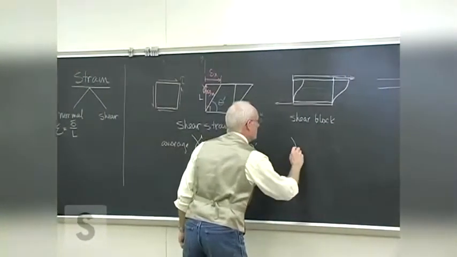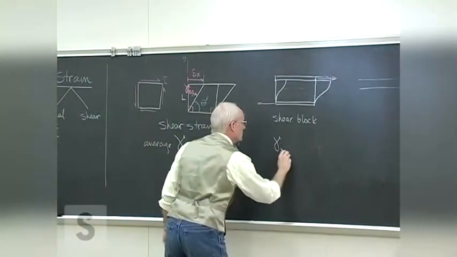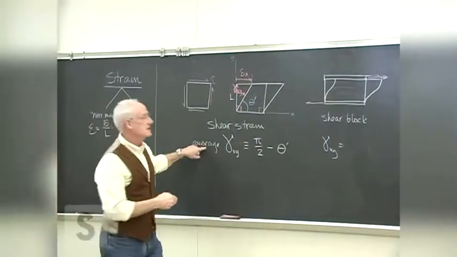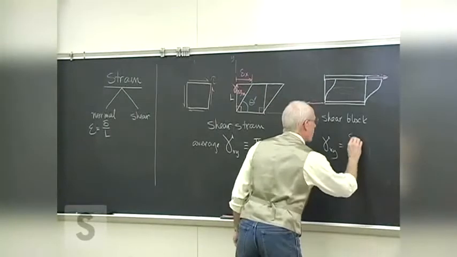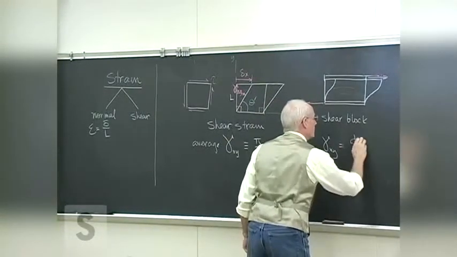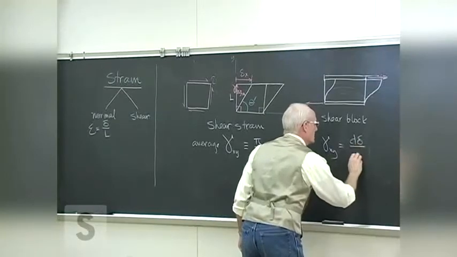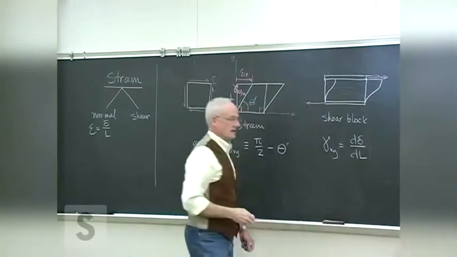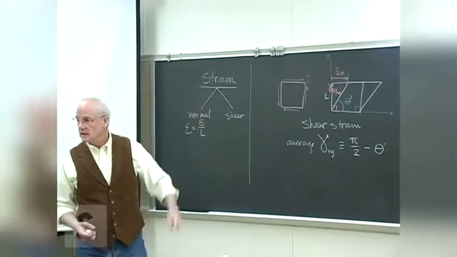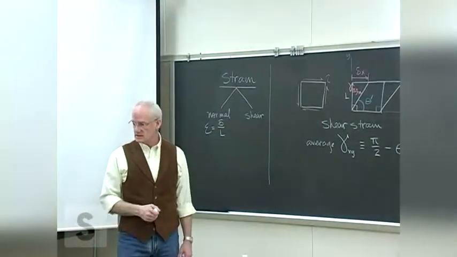In that case, the local shear strain, sort of like instantaneous deflection, would be the local deflection divided by the local distance there. In other words, just the slope of the shape of the piece itself now.